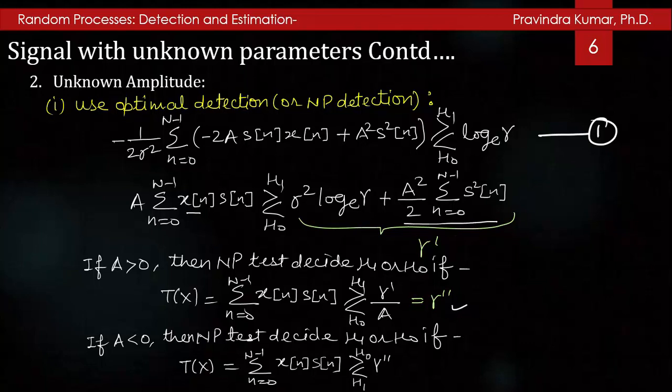In both cases, when A is greater than 0, the test statistic will give hypothesis H1 if it is greater than the threshold value gamma double dash.